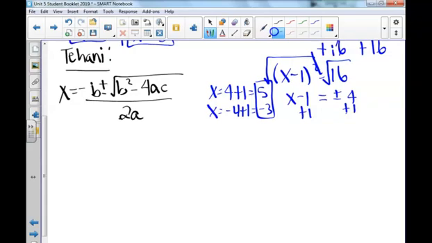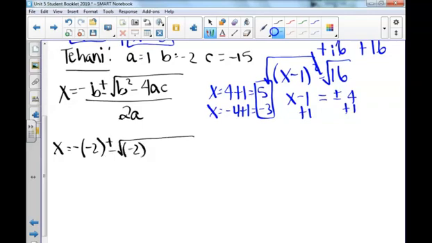Our a value in this case was 1, our b value is negative 2, and our c value is negative 15. We are going to substitute in wherever we see a, b, and c. So negative negative 2 plus or minus the square root of negative 2 squared minus 4 times 1 times negative 15, divided by 2 times 1.